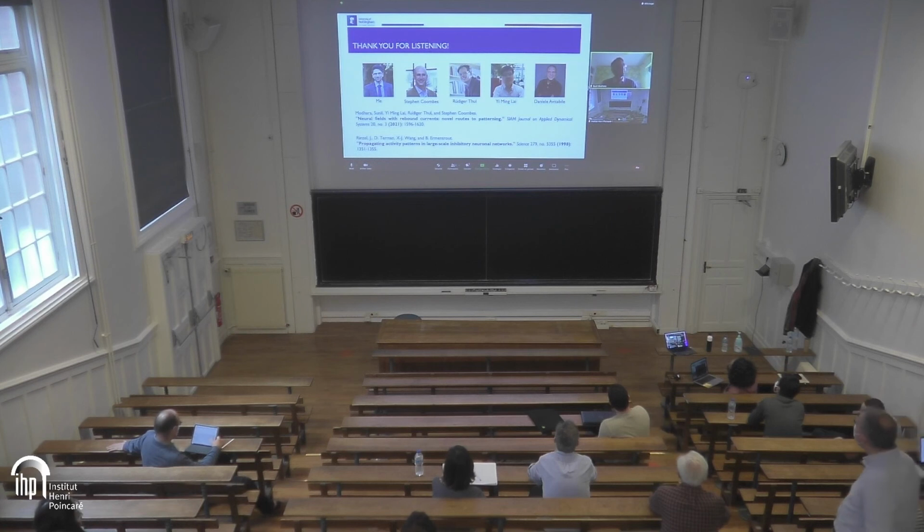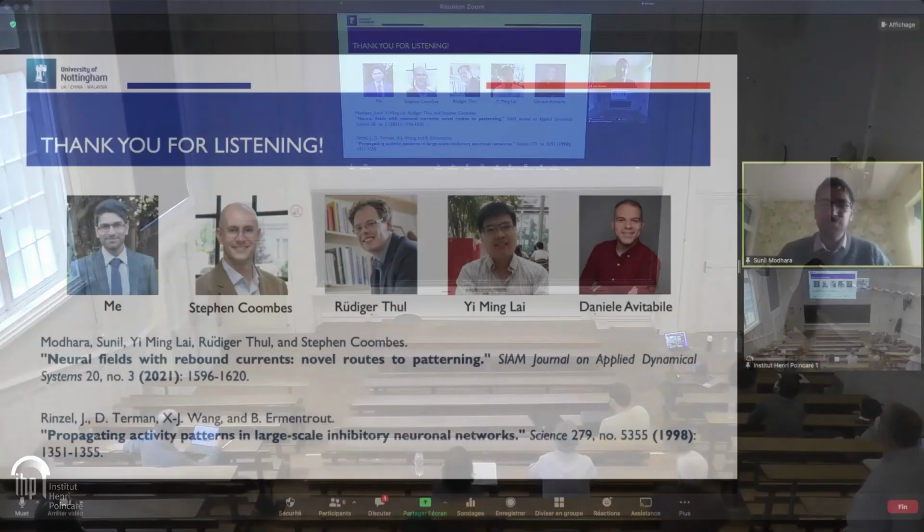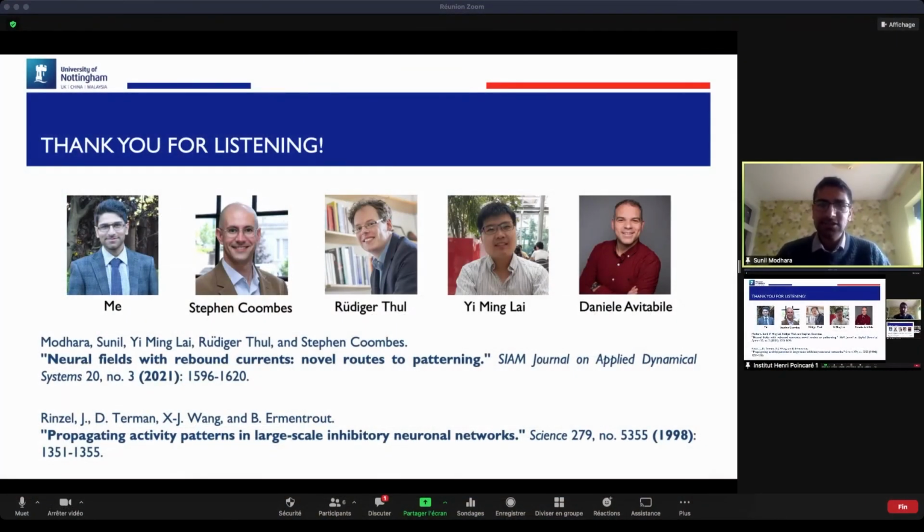So maybe a happy medium would be to consider some sort of piecewise linear function which better approximates a sigmoid than a Heaviside. You'd still be able to do the analysis, and it would approximate the sigmoid well. It would just increase the amount of bookkeeping you need to do in terms of looking at these discontinuities and mapping perturbations and so on and so forth.